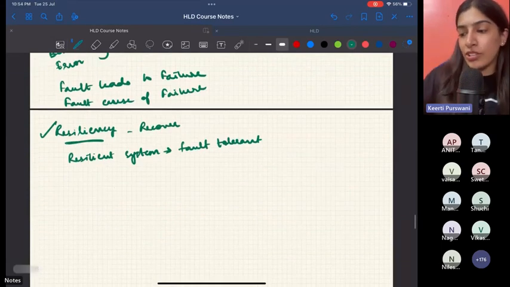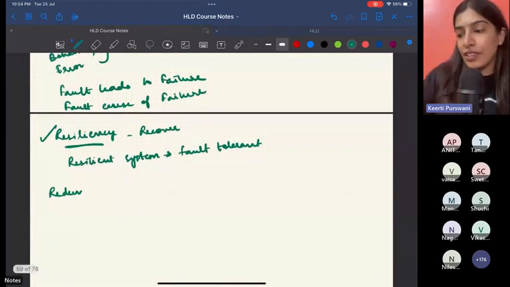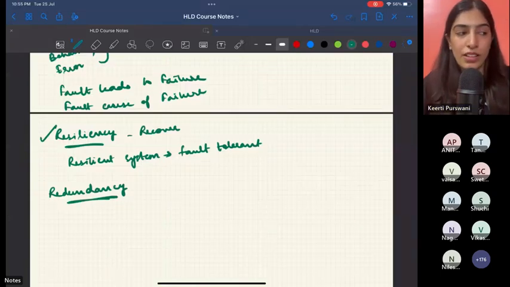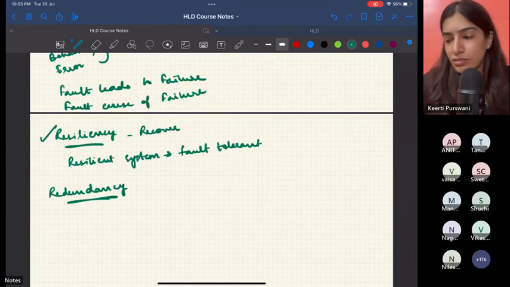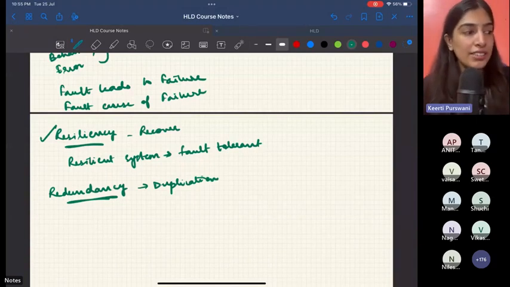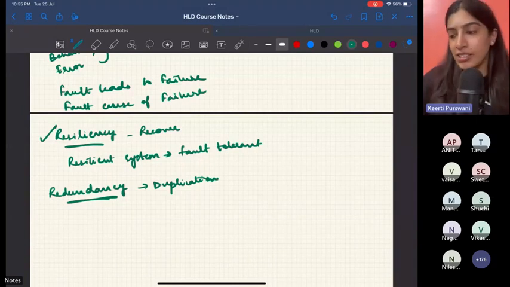Another term that I wanted to introduce: redundancy. We already talked about this today. What does redundancy mean? Replication or duplication of same data. We had talked about this. We can have redundancy at various levels. It can be at the hardware level.